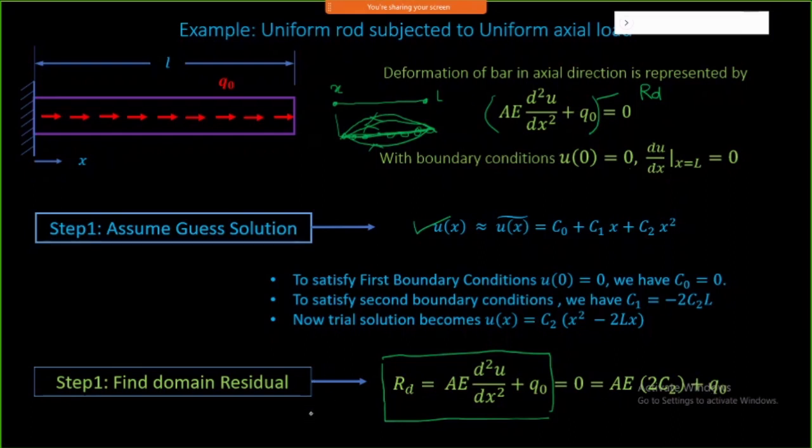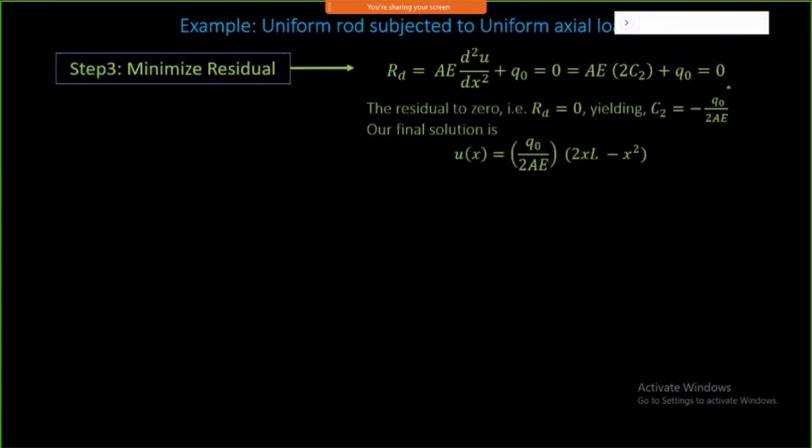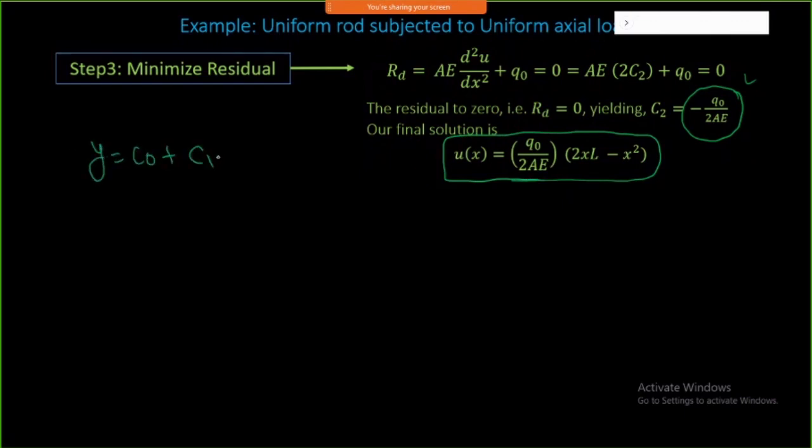So this tells you some value of C2. If I substitute into this, I will get a C2 value, and when you substitute, you will get Q0 upon 2AE. And this Q0 upon 2AE we can substitute back into your polynomial equation, y is equal to C0 plus C1x plus C2x square.